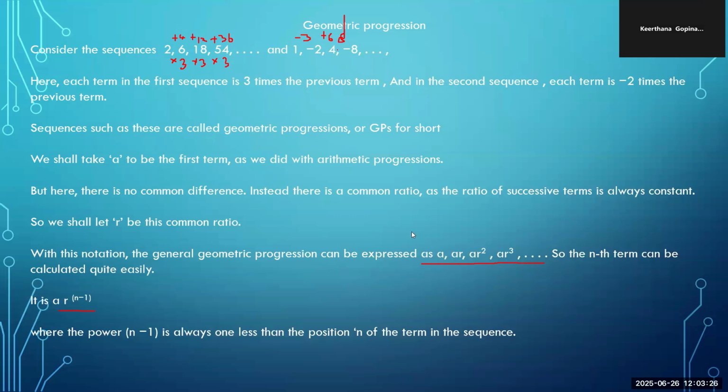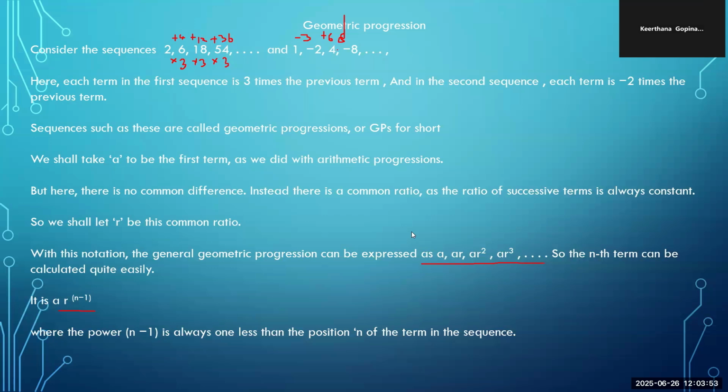The nth term in an arithmetic progression is given by A plus n minus 1 into D. In a geometric progression, it is A into R power n minus 1. R is the common ratio. There, D is the common difference because there it's a difference. Here we call it ratio. So instead of D, R is used.